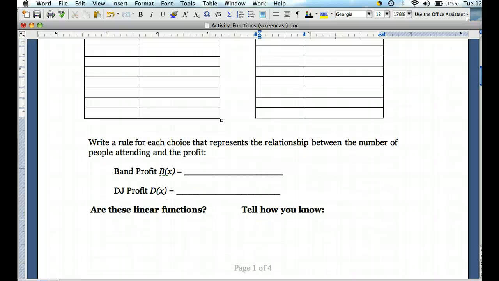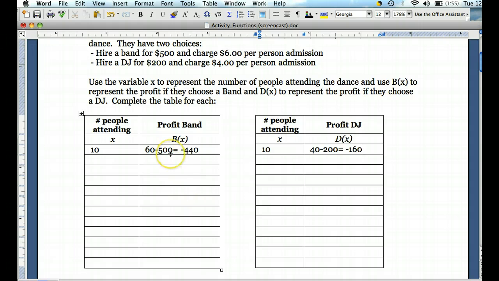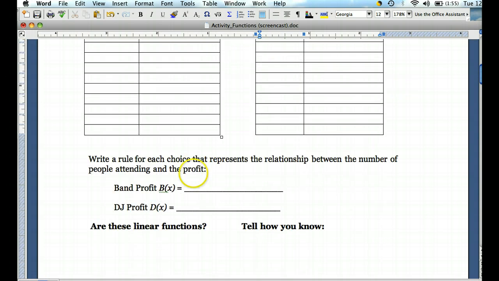So the question that I asked for this before class activity is to write a rule to represent the relationship for the band and the DJ. So notice what we're doing here. We're taking 6 times x, because we're charging $6 per person and x is the number of people, and then subtracting 500.